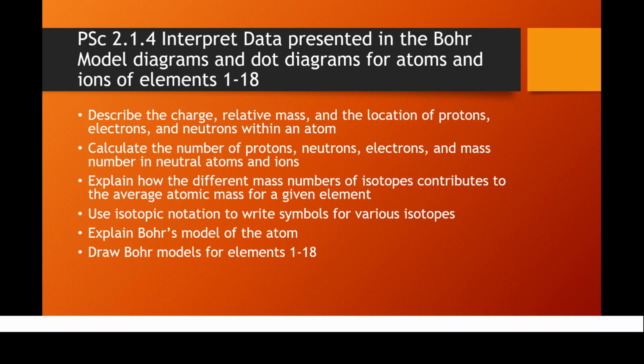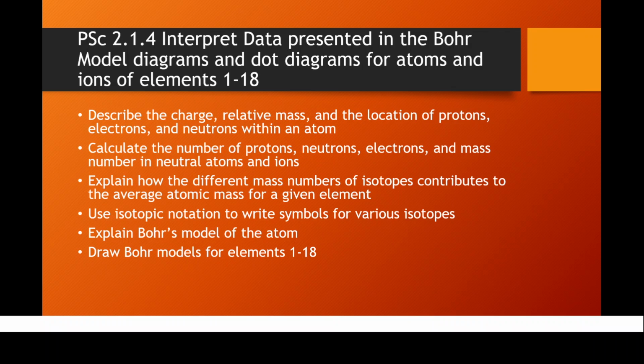The second thing, I want you guys to be able to calculate and determine the number of protons, neutrons, electrons, and the mass number in neutral atoms and ions. I want you guys to be able to explain how the different mass numbers of isotopes contribute to the average atomic mass for any given element on the periodic table.